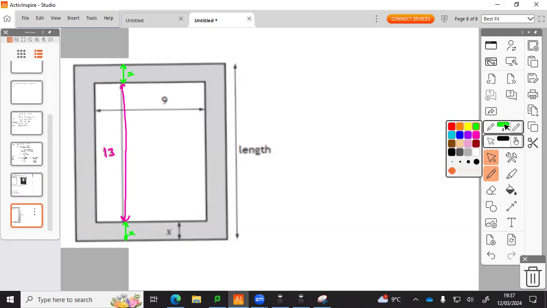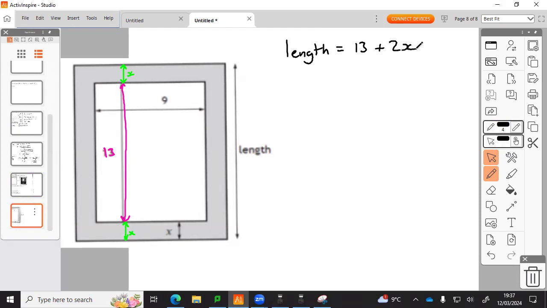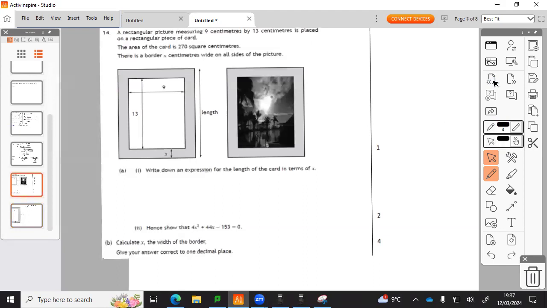So the length is 13 plus 2x. Okay, that's it. That's part A, part 1 of that question.